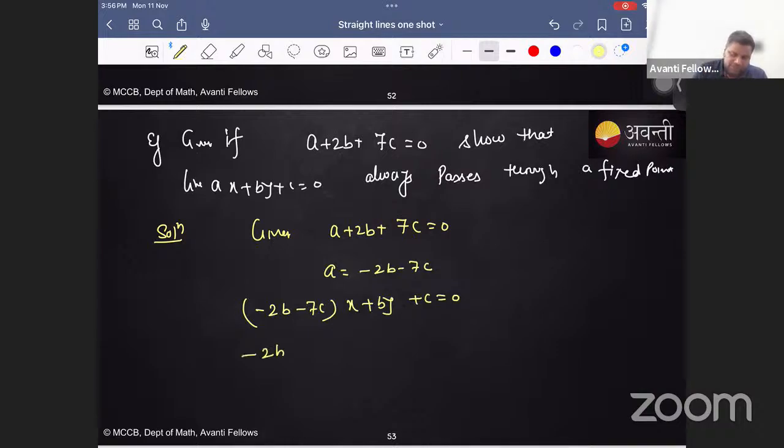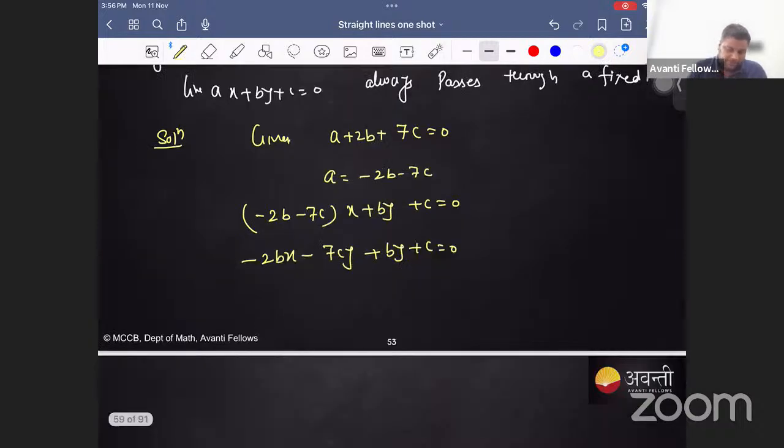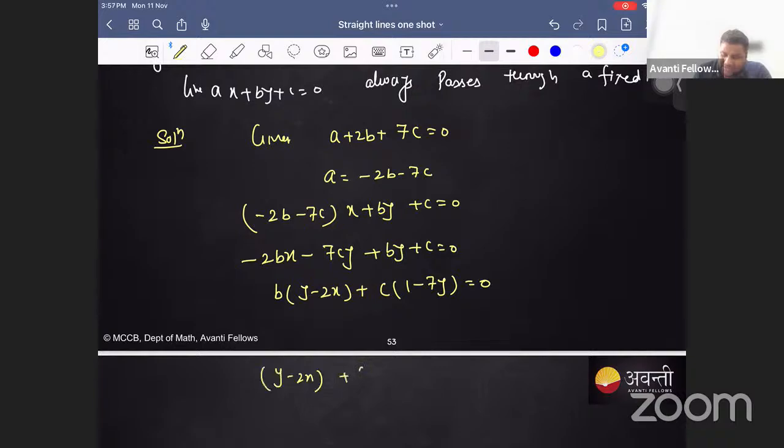So minus 2BX minus 7CY plus BY plus C equal to 0. So B times Y minus 2X plus C times 1 minus 7Y equals 0. Yes or no? Now, if you divide it by B, you get Y minus 2X plus C upon B times 1 minus 7Y equal to 0.